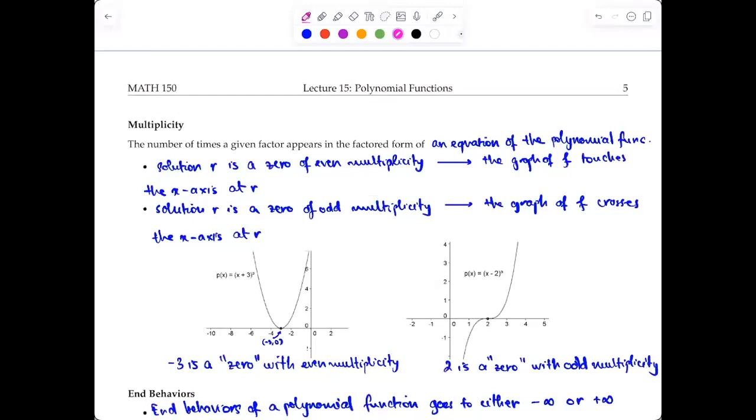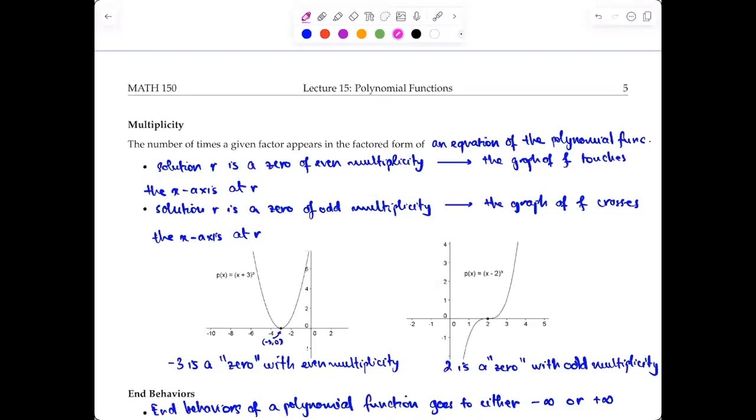Now for each factor here, how many factors do you see? 4 different factors. So x plus 7, how many times does it appear in the factored form? 6 times, right? Now for x plus 5, how many times does it appear? 4 times.